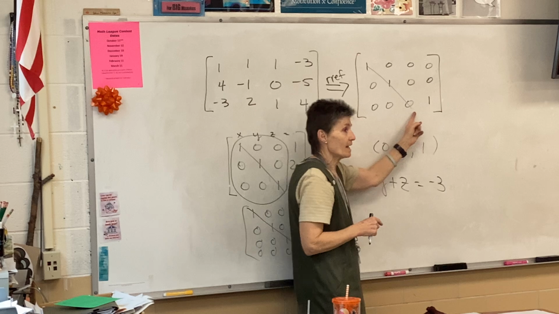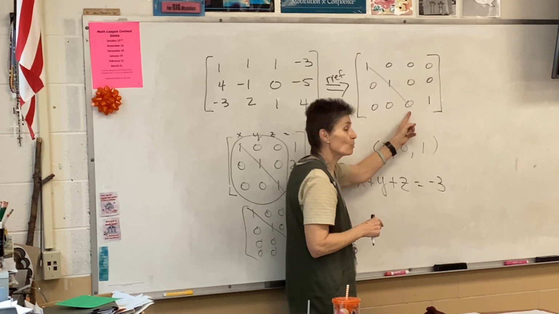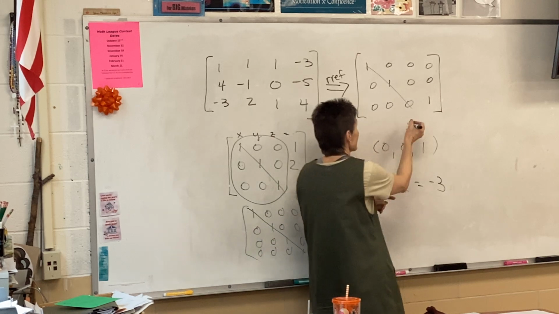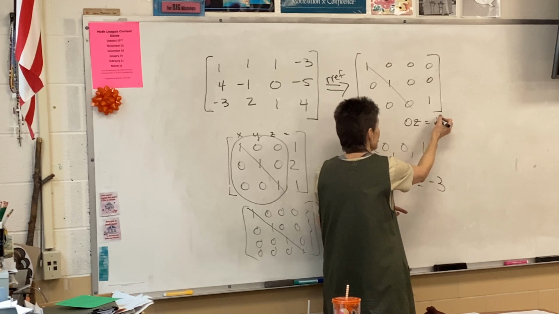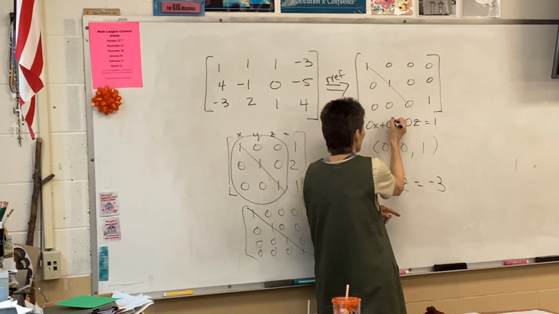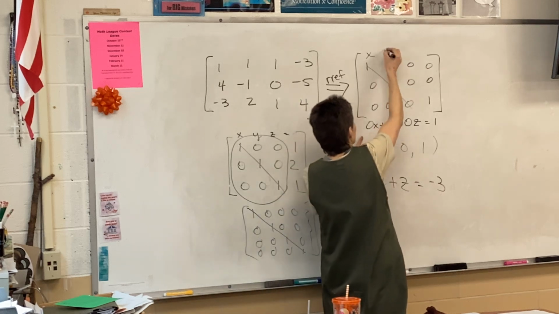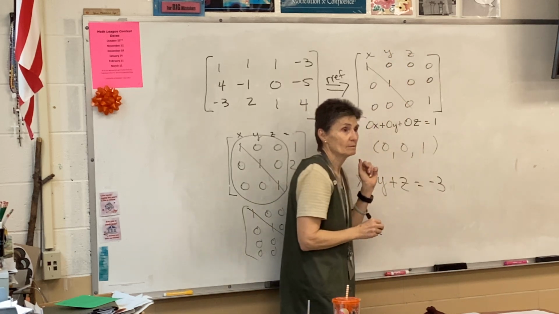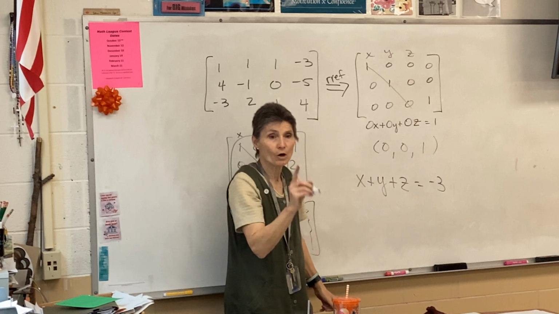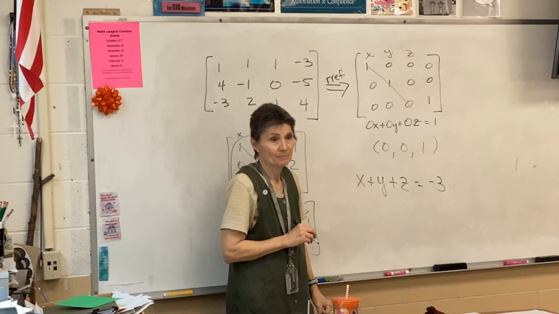What does this bottom row say? It literally says no x's, no y's, no z's equal 1. Is that possible? No. There's no solution to this.